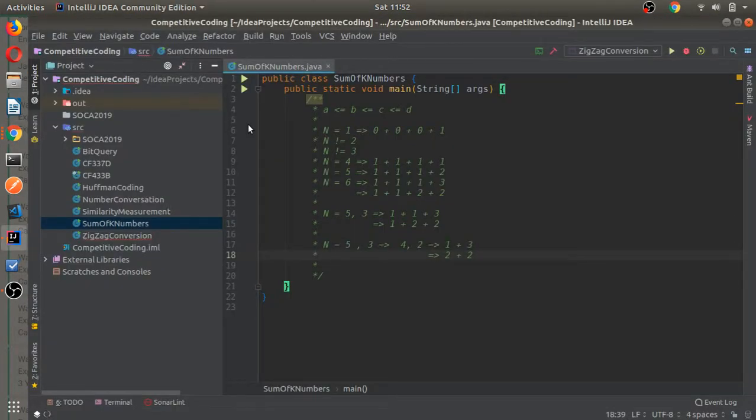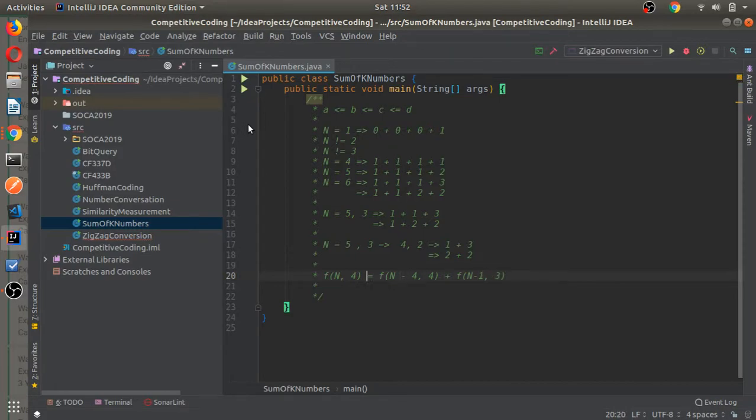So the best part I like about this solution goes like this. f of n comma 4 is equal to f of n minus 4 comma 4 plus f of n minus 1 and 3.